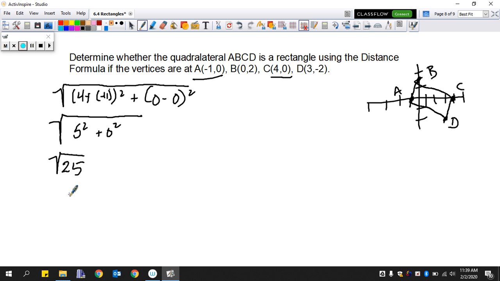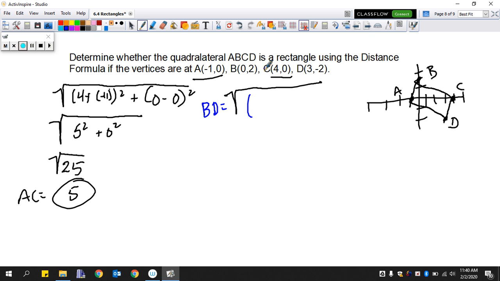All right. Then let's do BD. So this right here is AC. Okay. This is BD. All right. So we're going to subtract the two x values.